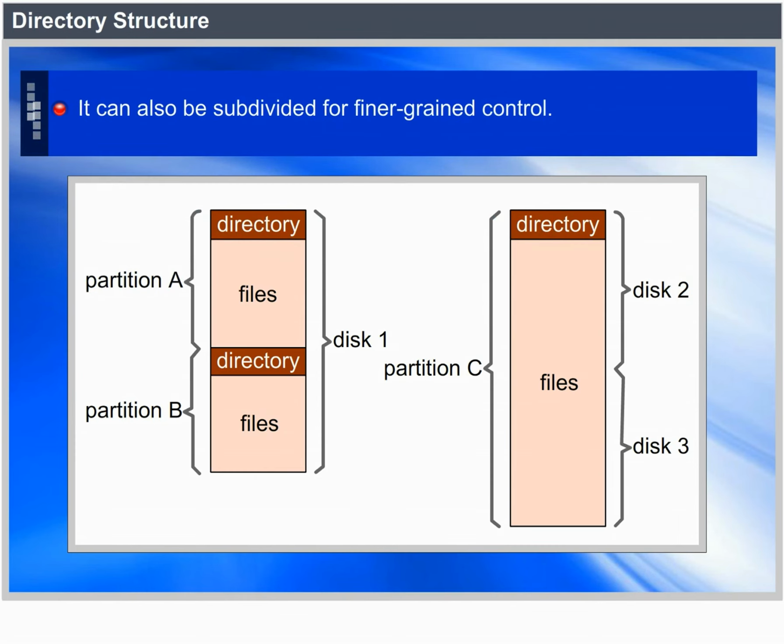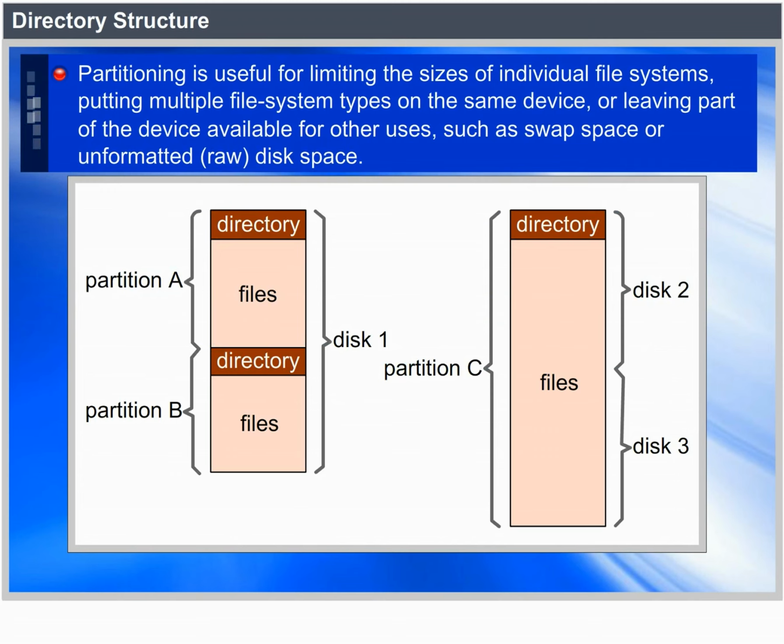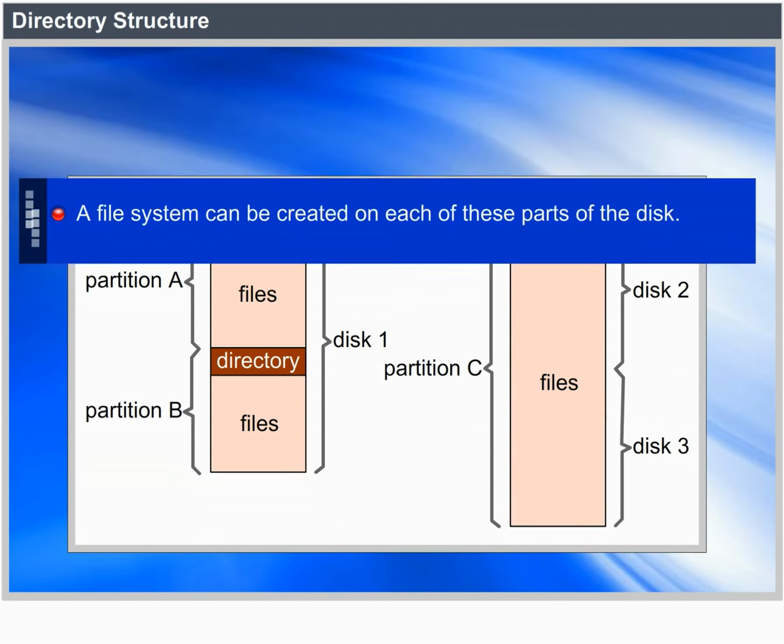Partitioning is useful for limiting the sizes of individual file systems, putting multiple file system types on the same device, or leaving part of the device available for other uses such as swap space or unformatted raw disk space. A file system can be created on each of these parts of the disk.